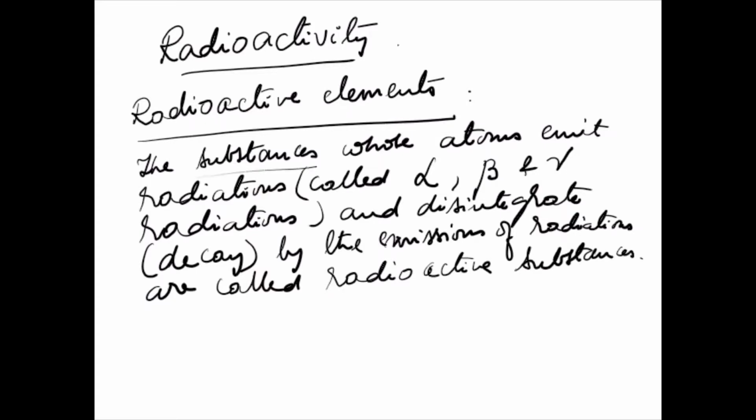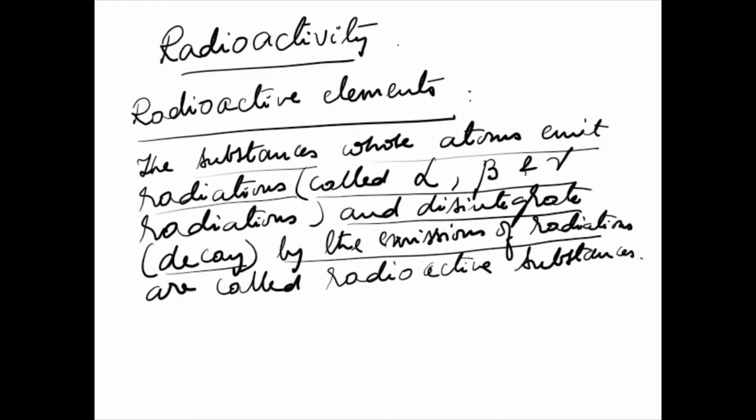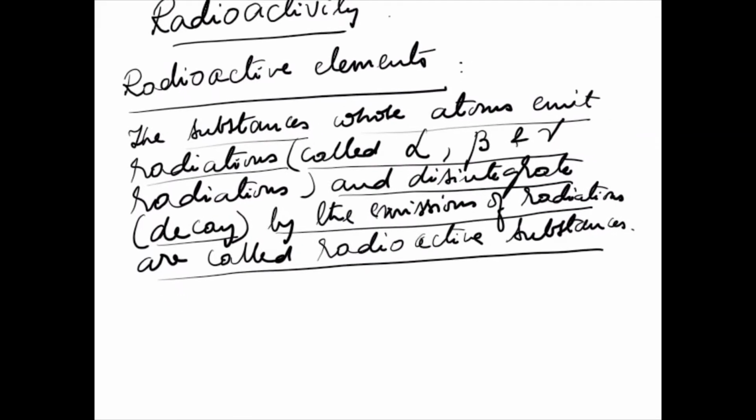The substances whose atoms emit radiations. What are the radiations called? Alpha, beta, gamma radiations, and disintegrate or decay by the emission of these radiations. Such substances are called radioactive substances.